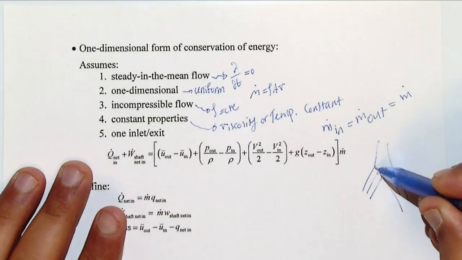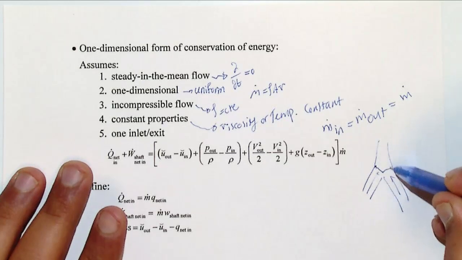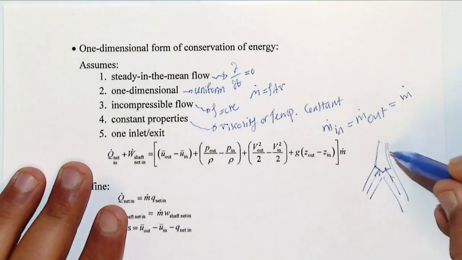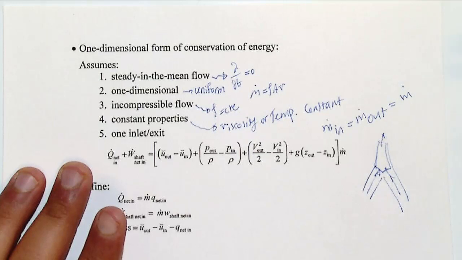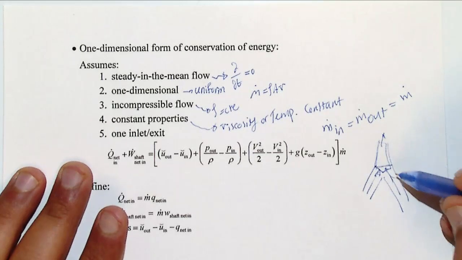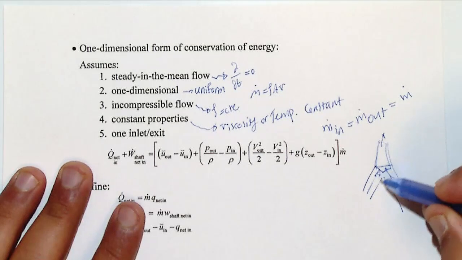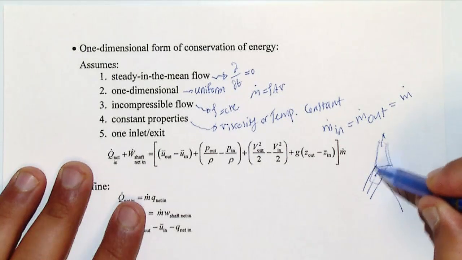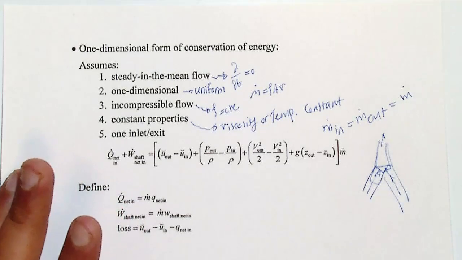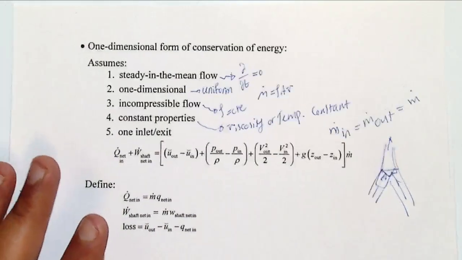If you assume the control volume is here, this is your input, and you have one input and one output. The flow that comes in could have a different temperature from the other one.